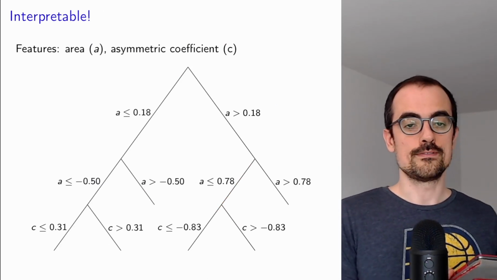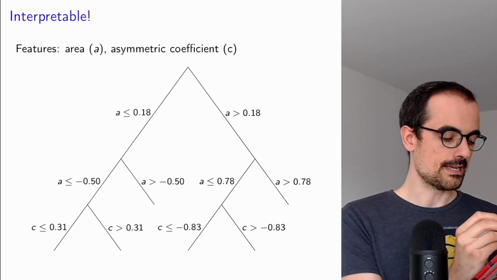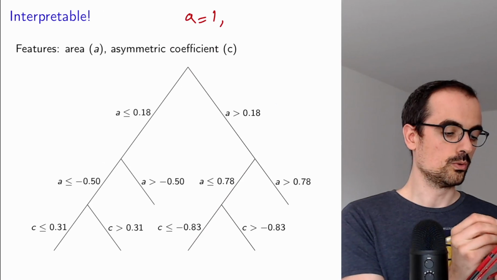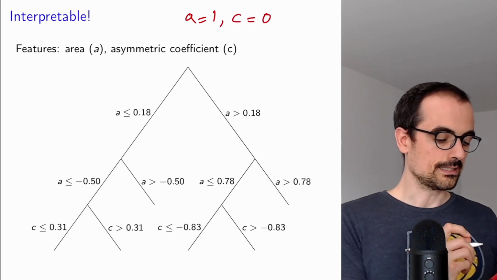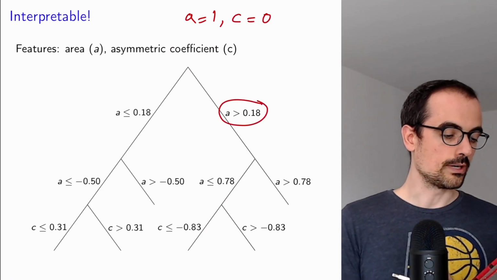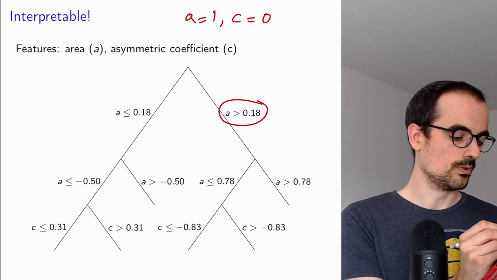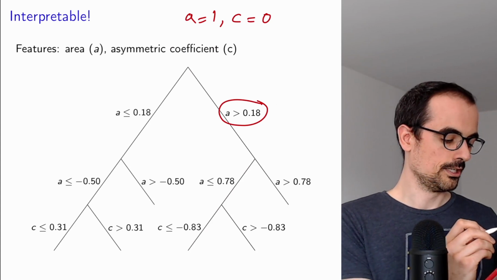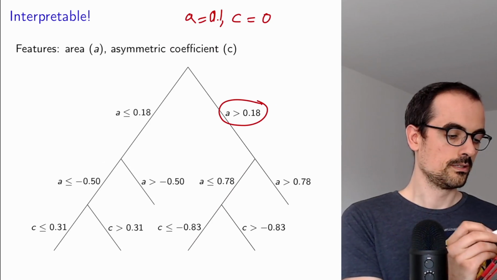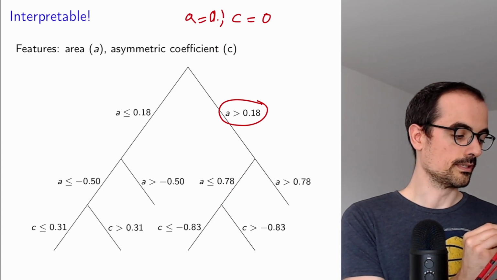If the value of A is, let's do an example. Imagine that the value of A is equal to 1 and the value of C is equal to 0. So in that case, we would say, okay, A is greater than 0.18. Okay, maybe I'm going to do something a little bit different so that it's a bit more interesting. 0.1 is a more interesting one.